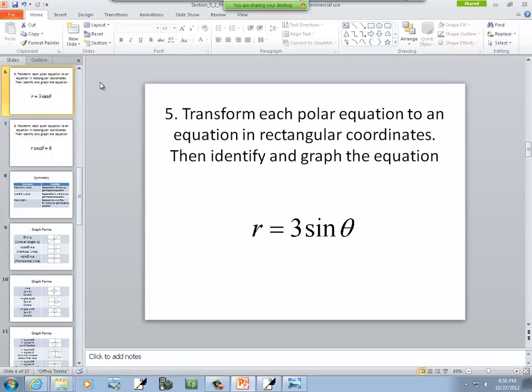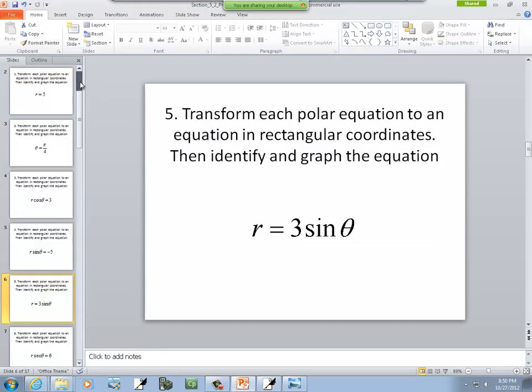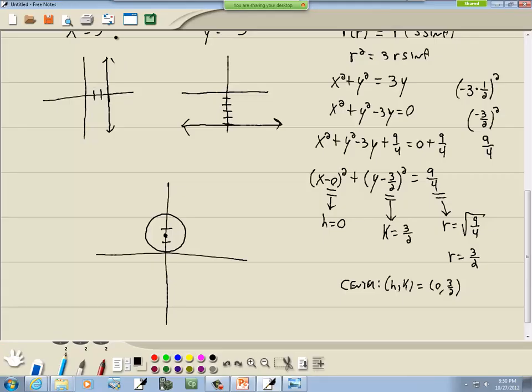Let me save this. This is, what is this? Polar equations and graphs.